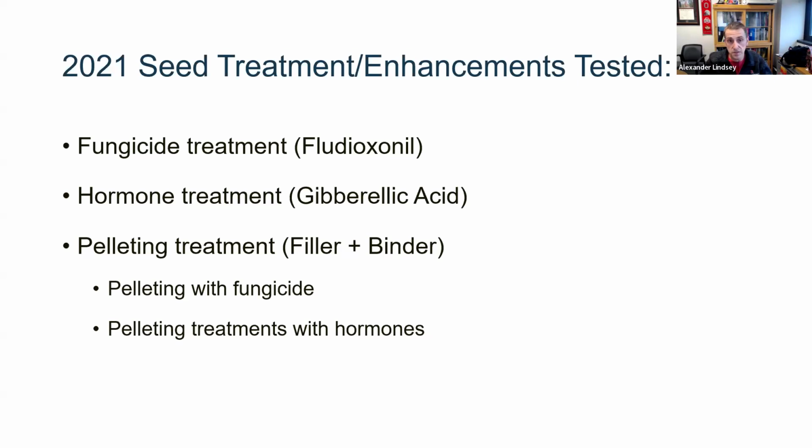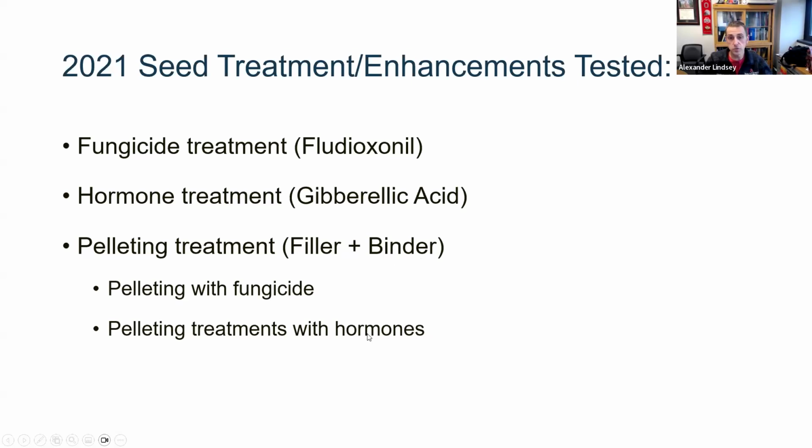We decided to utilize a fungicide seed treatment of fludioxonil. We again had our hormone treatment of gibberellic acid soaking, but then we added another enhancement called pelleting, where we either used pelleting by itself, pelleting with a fungicide, or pelleting where we added gibberellic acid into the binding solution used to build our pellets.